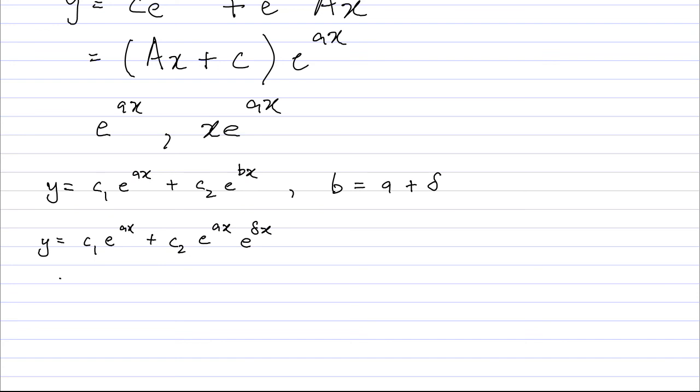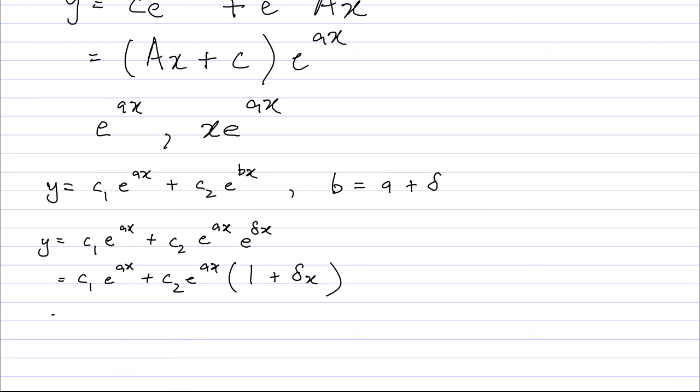So this thing I can write then as c1 e raised to power ax plus c2 e raised to power ax, and since delta I'm assuming to be very small, I can use the expansion for the exponential, so I get this to first order.